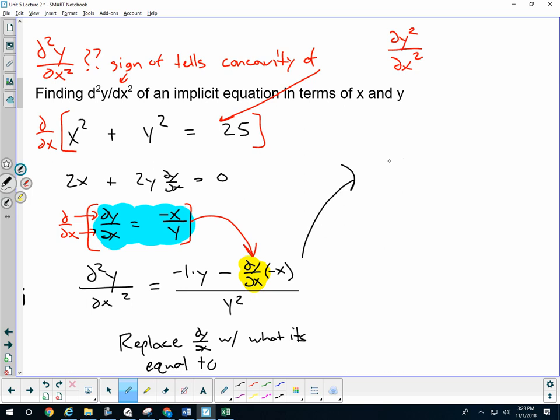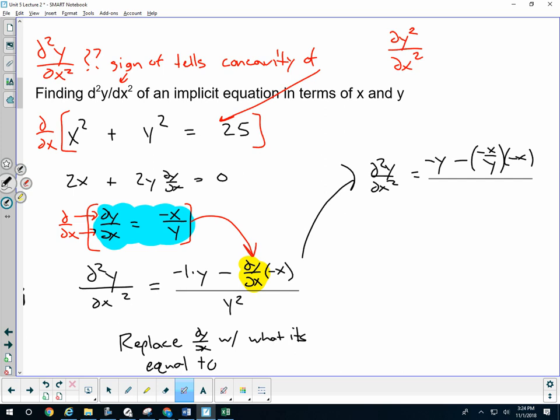Okay, that brings me to d squared y over dx squared equals negative y minus negative x over y times negative x, over y squared. And if you stop there, you're good. This is correct. All right.